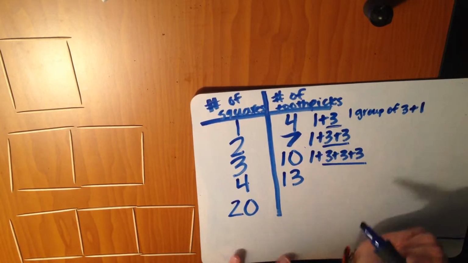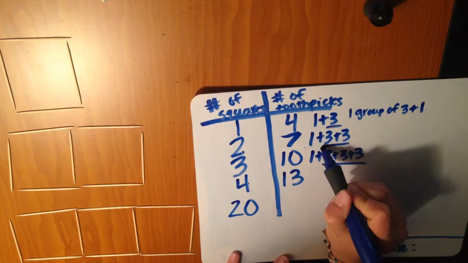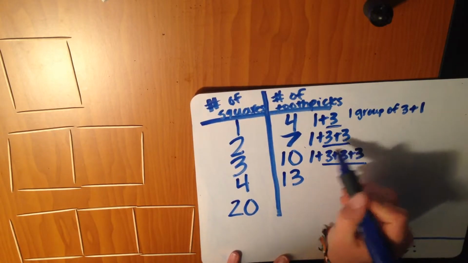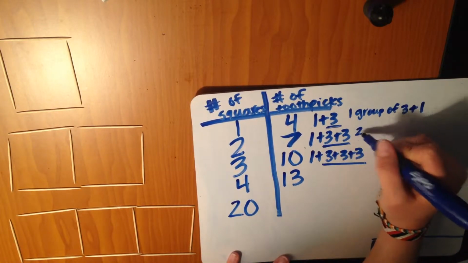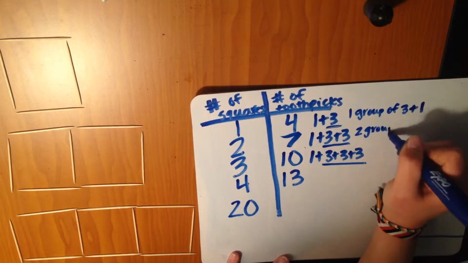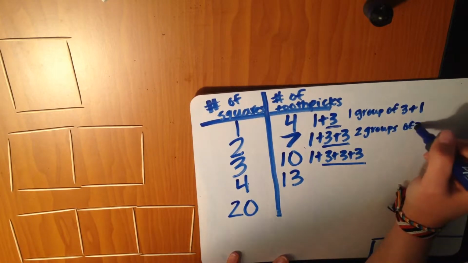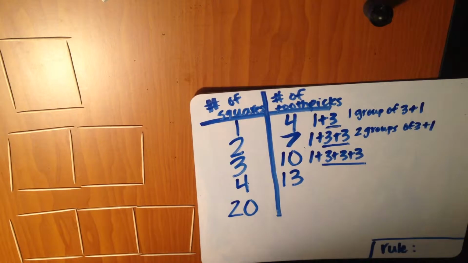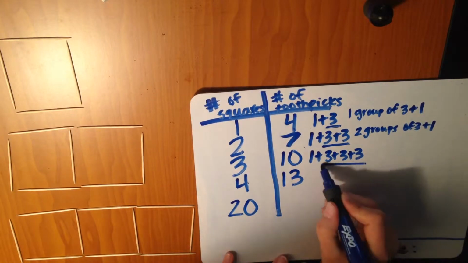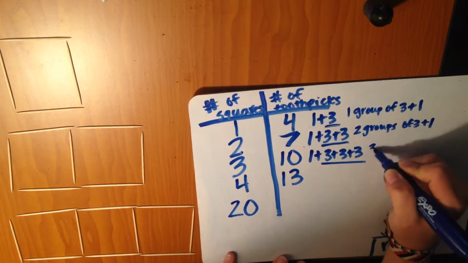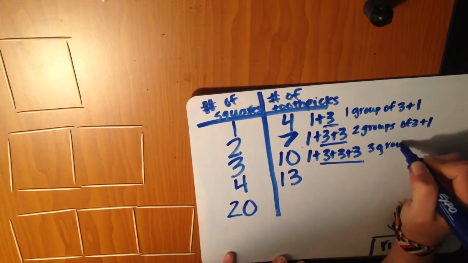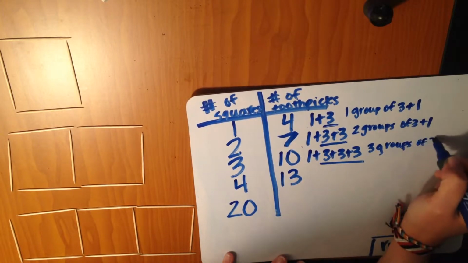Here, I have 2 groups of 3 plus 1, so let's write that. And now I have 3 groups of 3 plus 1.